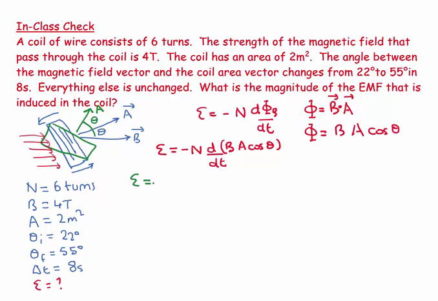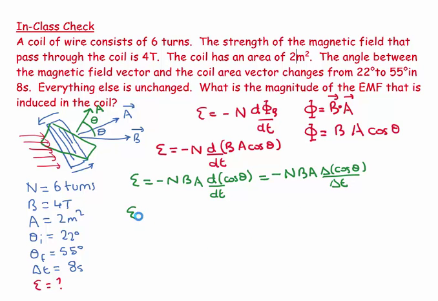Okay, so let's do some manipulations here. So E is equal to minus N. We're not changing B, so let's bring that out. We're not changing A, so let's bring that out. So I have d by dt of cosine of the angle. So this equals minus N B A, delta cosine of the angle over delta t.